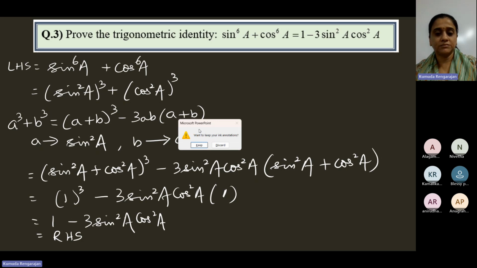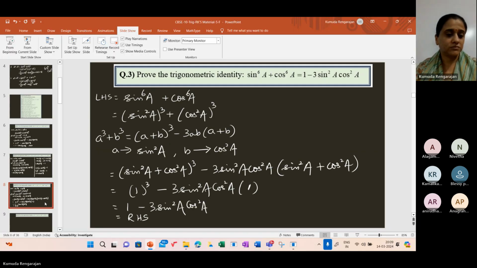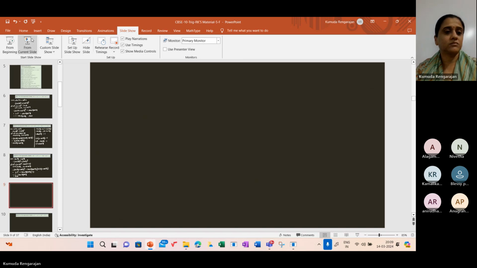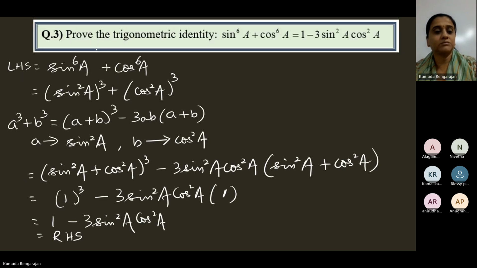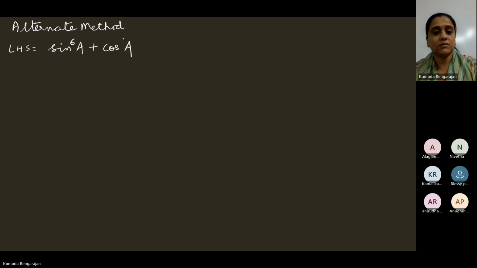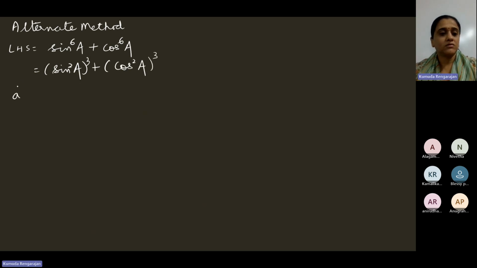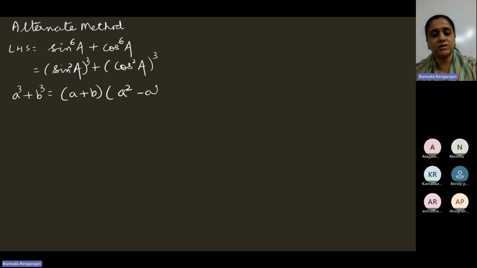Using the other identity. So the identity is a cube plus b cube is equal to a plus b into a square minus ab plus b square.